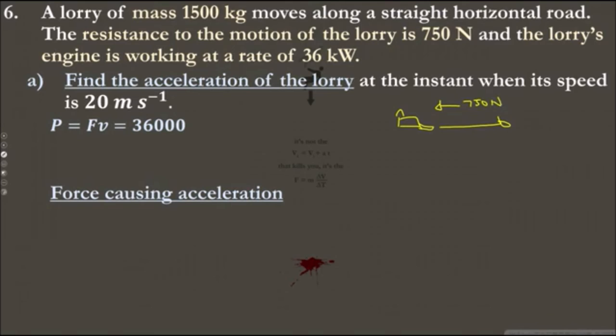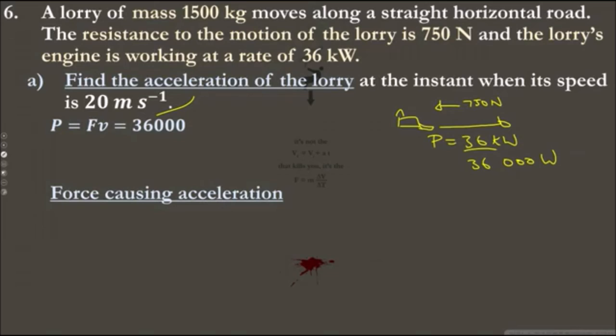It has a total power output of 36 kilowatts, or 36,000 watts. Find the acceleration of the lorry if we also had a speed of 20 meters per second.